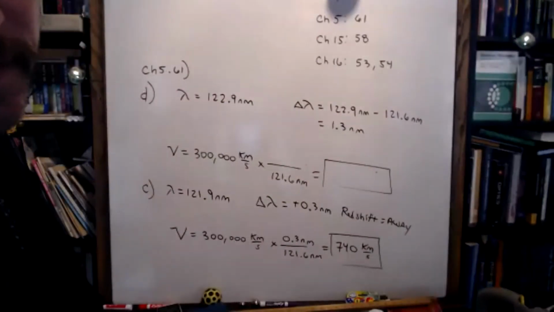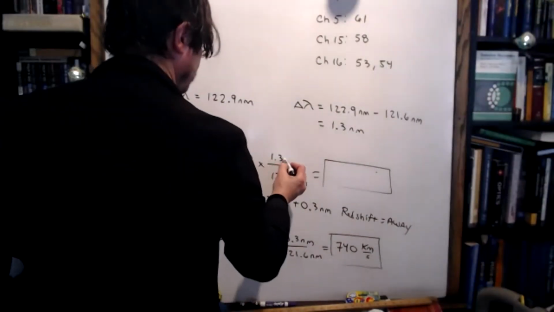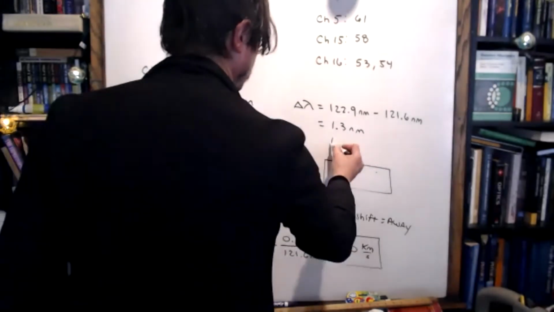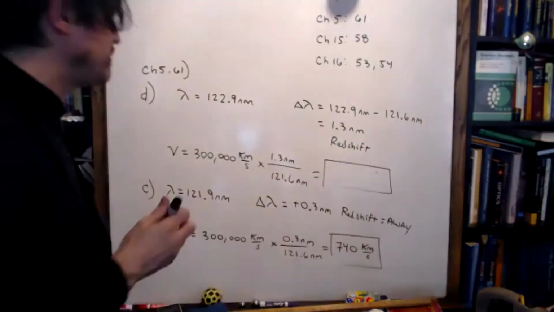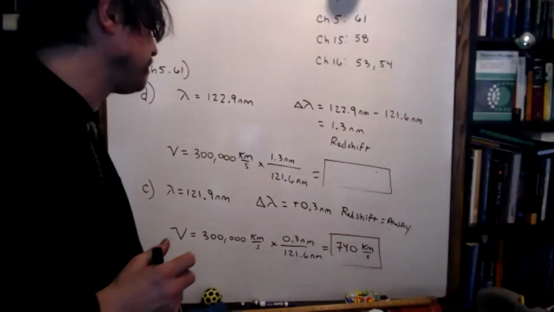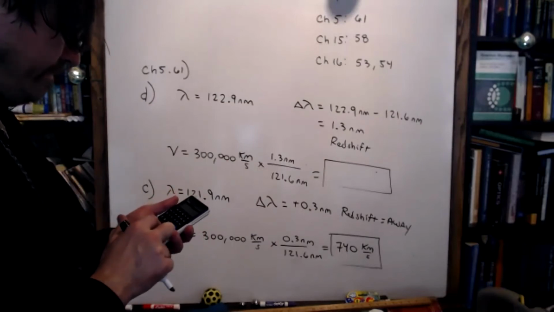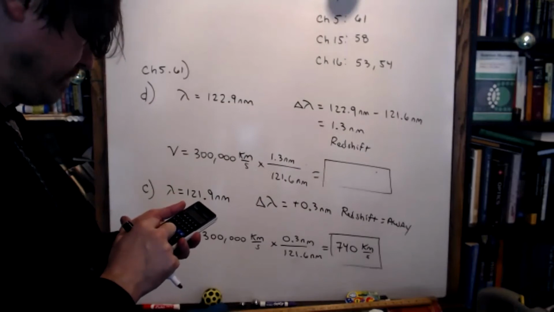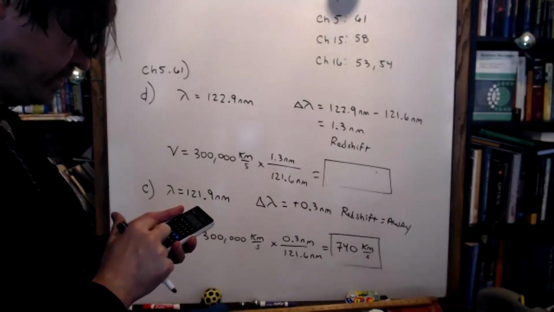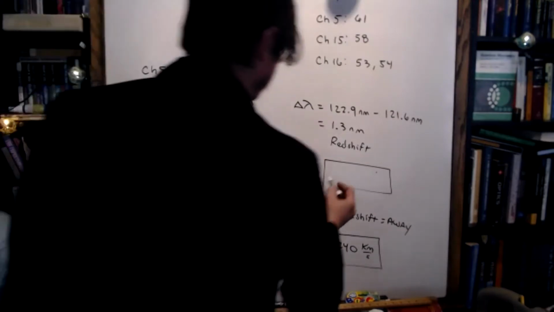Red shift or blue shift? Red. And let's knock out that velocity real quick. I got 3,200 kilometers per second.